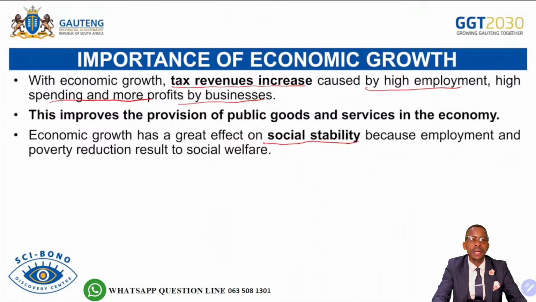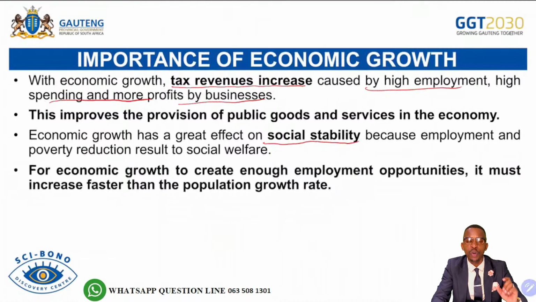There's always social protest over job opportunities. So if more jobs are available for the nation, then there will be stability, because there will be no poverty, no crime, and less theft within our communities. So economic growth is very important, because it allows people to afford basic goods and services for themselves.